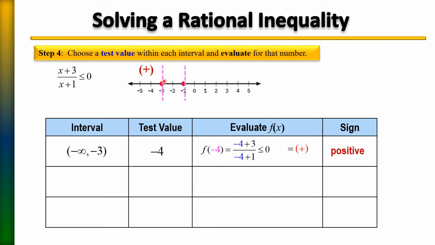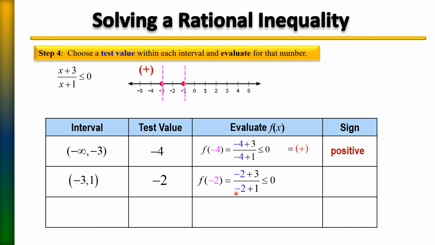Now we want to test that next interval, and we have a -2 here. So we can go ahead and plug in that. It's the only whole number within there, so it's easiest to plug in whole numbers. So let's go ahead and evaluate the function for -2. When we do that, the top is going to give us a positive number.